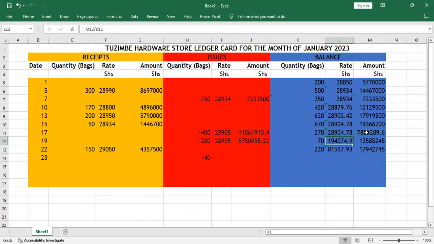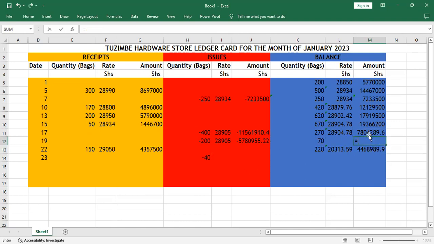Oh, okay. I think I had first to get the amount before, and the amount was the 78. Then we divide by our 70 units.